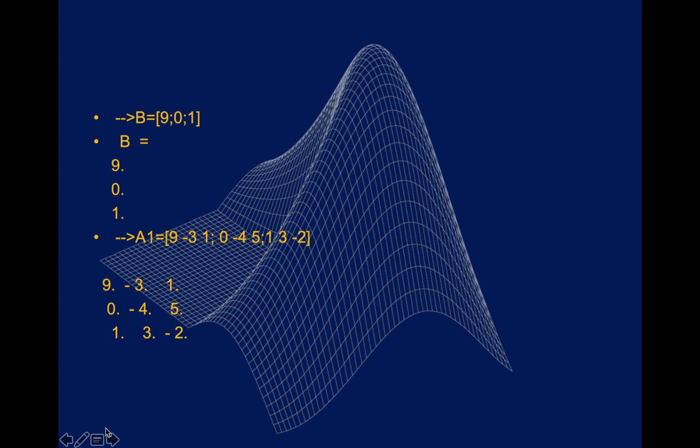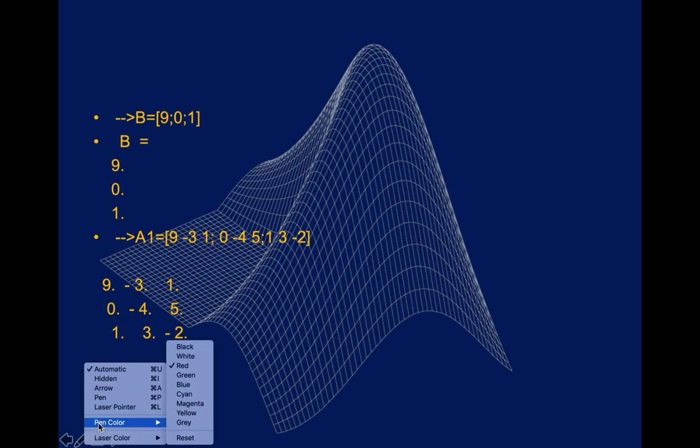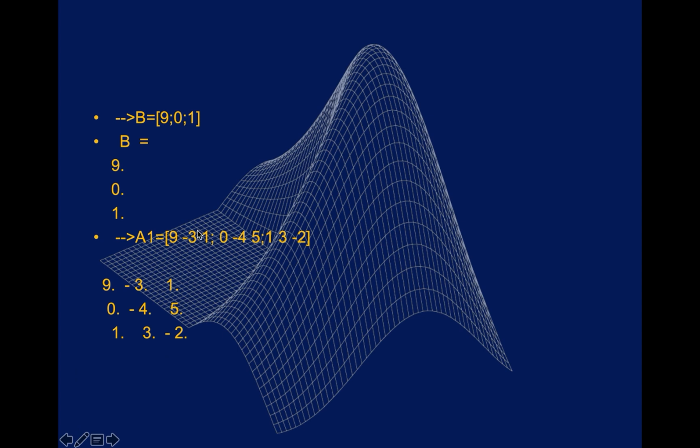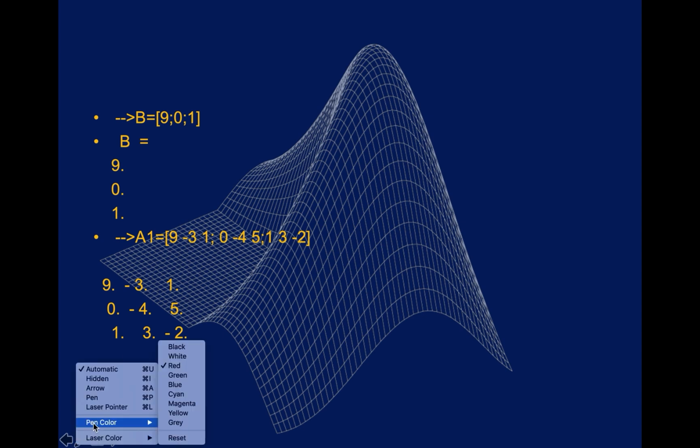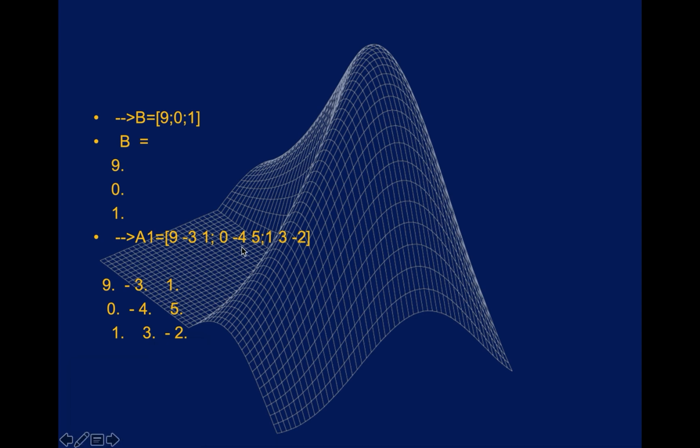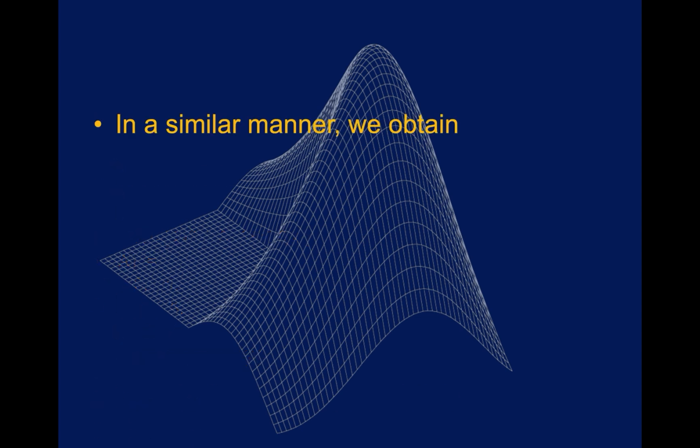Okay, so there's a correction here. This has to be 0, so 901. And then solve for x1 using determinant of A1 over determinant of A. Then in a similar manner, we obtain x2 and x3.